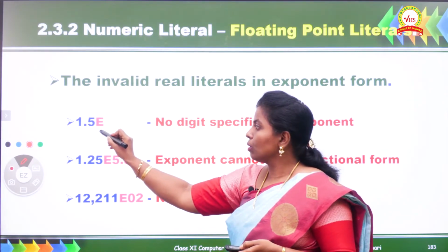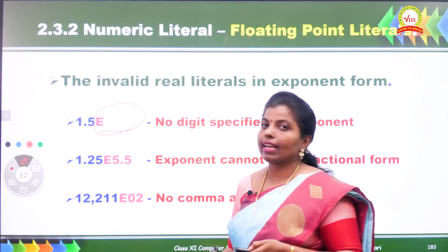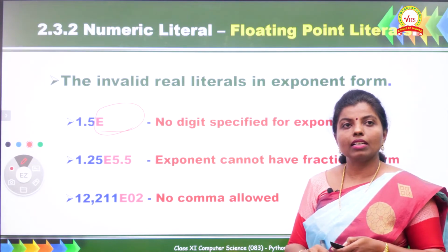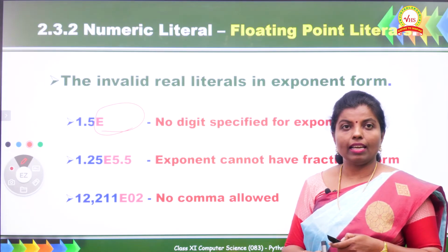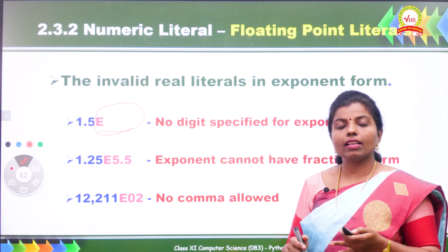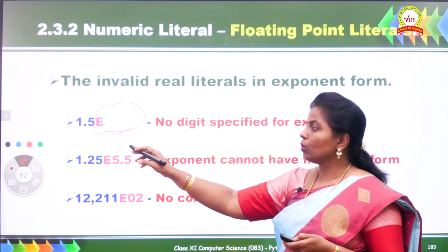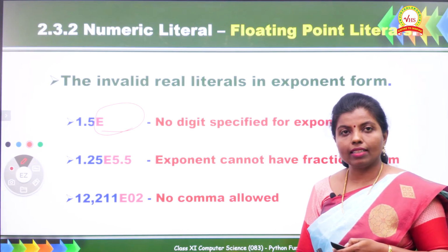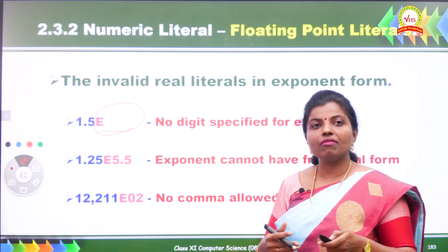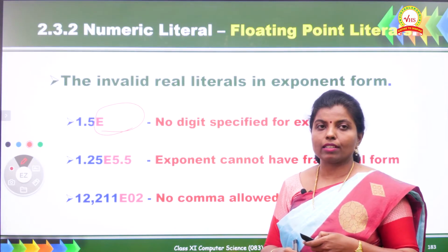So, when there is no digit given after the exponent, this becomes an invalid real literal in exponent form. At least it should take any one digit, right. So, when there is no digit after the letter e, it becomes an invalid real literal in exponent form.